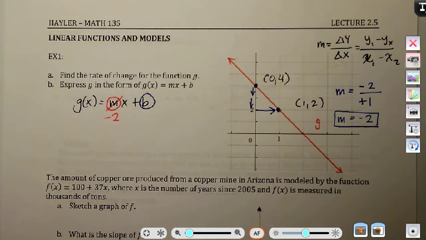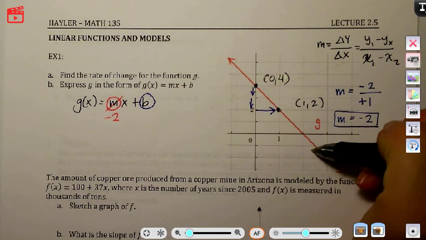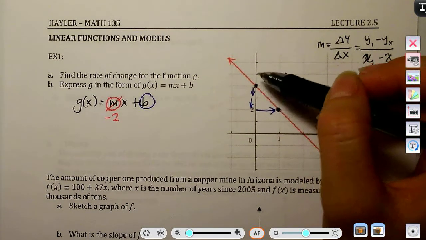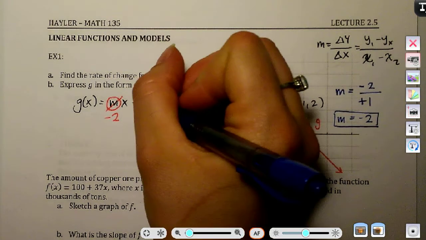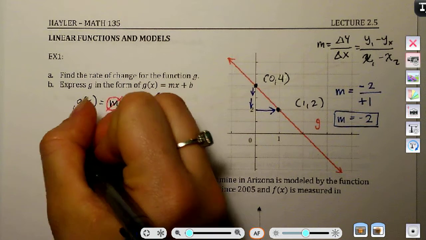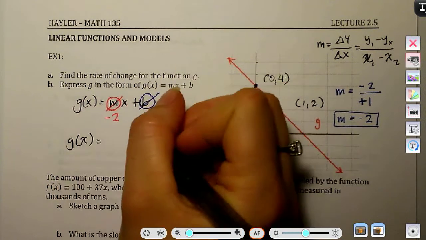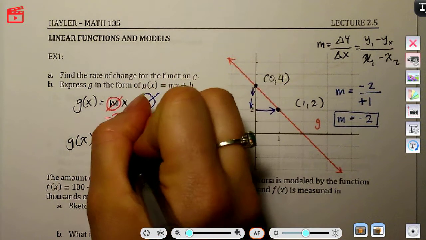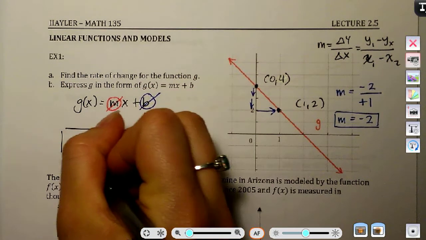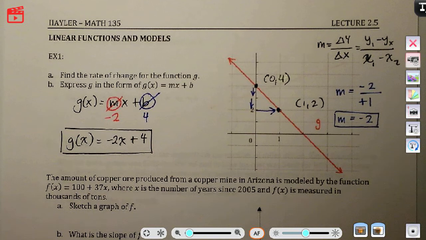And then I need to find my y-intercept, where my graph crosses the y-axis, (0, 4). So b is 4. And there we go. I have expressed g in the linear form of mx plus b, or the slope-intercept form, as it is often called. Okay, not too bad.